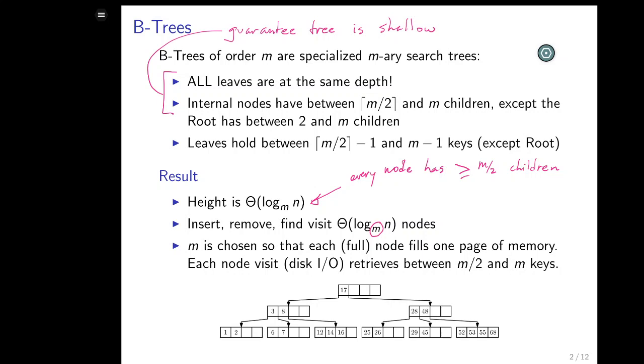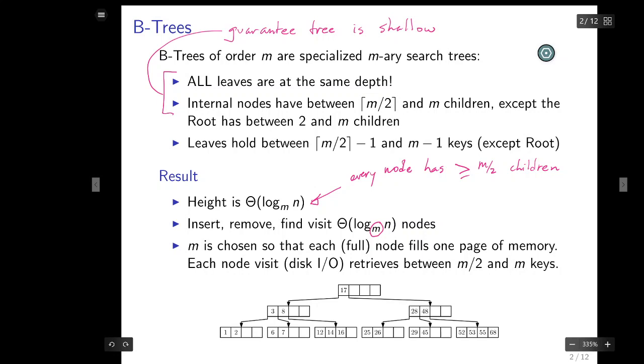Hopefully, and as we see it actually does, that will decrease the number of nodes that you have to bring in from disk over a binary tree. This is only bringing in log base m of n nodes, whereas with a binary tree you would be looking at log base 2 of n nodes. So increasing m decreases the number of disk accesses.